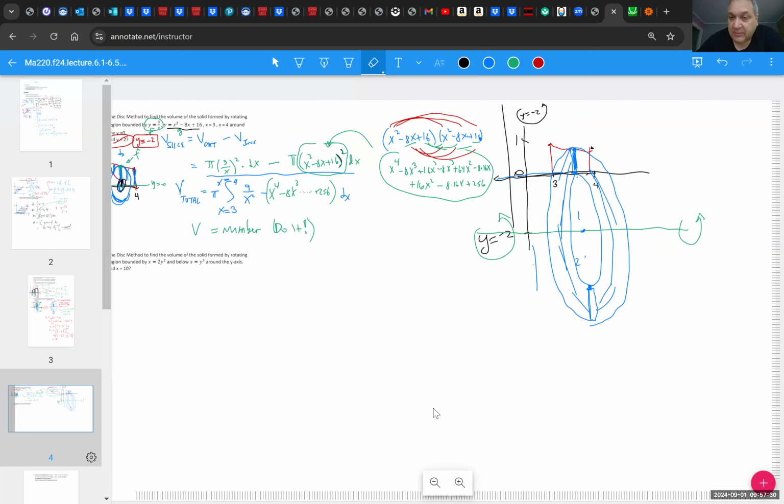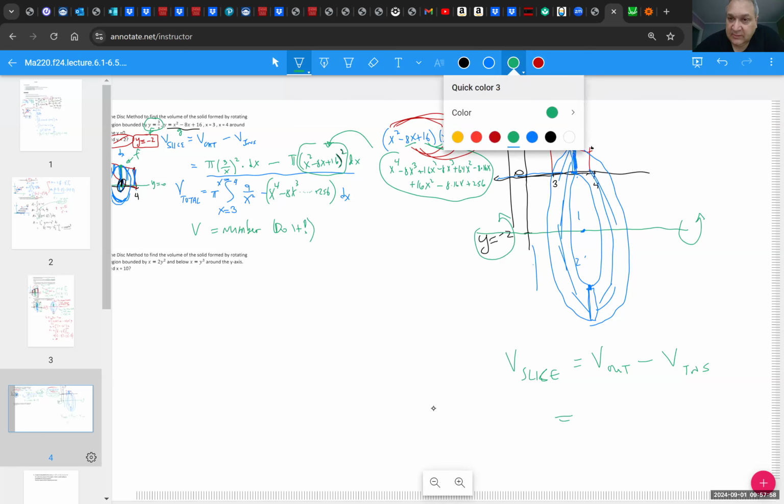Like any of these problems, to find the volume, we're going to do a volume of a slice, and then we're going to subtract off the big part, or the outer part, minus the inner part. So the volume of a slice, we're going to do the volume of the outer part minus the volume of the inner part. So what's the outer part? Well, the outer part is going to be the big radius.